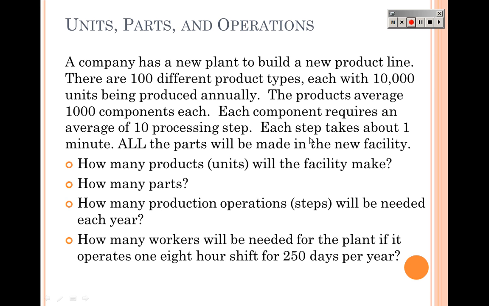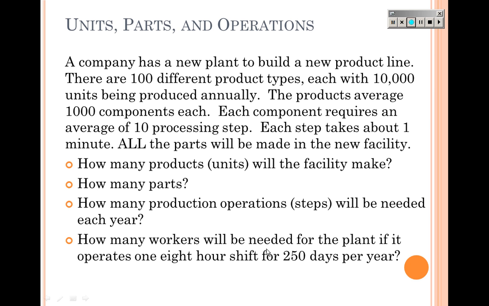All right, then the next one, I've got to clear my annotations. A company has a new plant to build a new product line. There are 100 different product types, each with 10,000 units being produced annually. Each one of those products has about 1,000 components each.